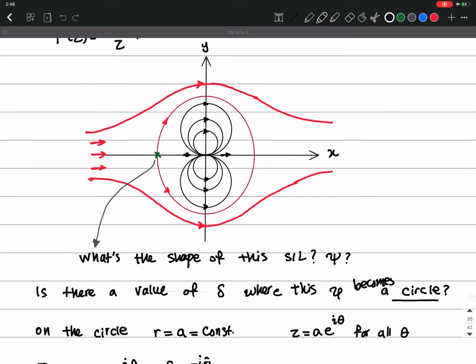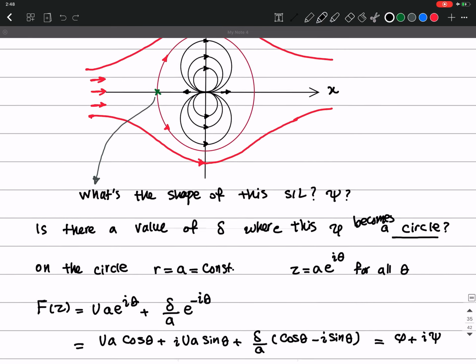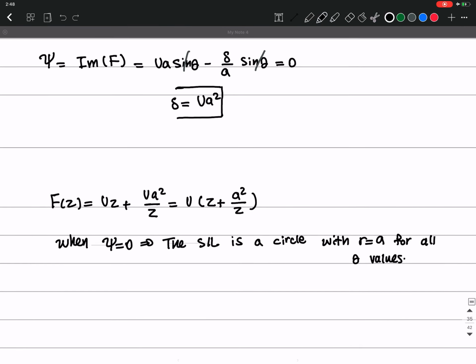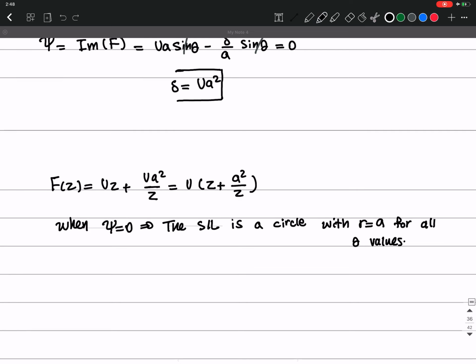So now, say this is a circle and I want to find the pressure distribution along this circle. So the next thing that I want to investigate and find is the pressure distribution along this circle.